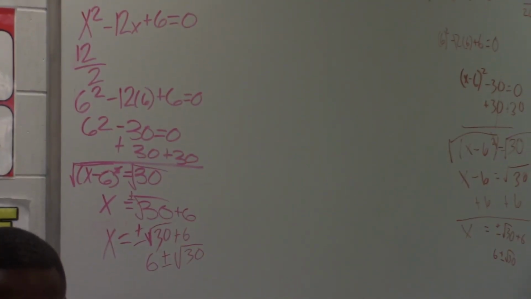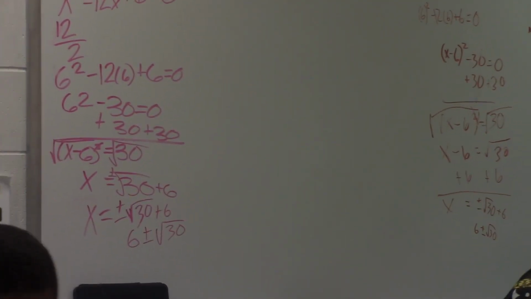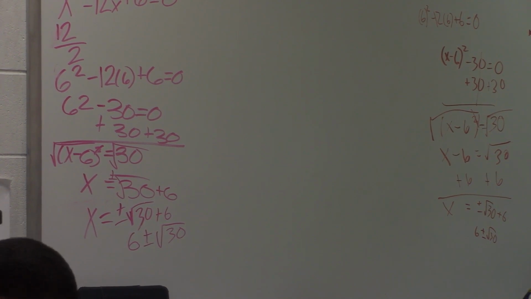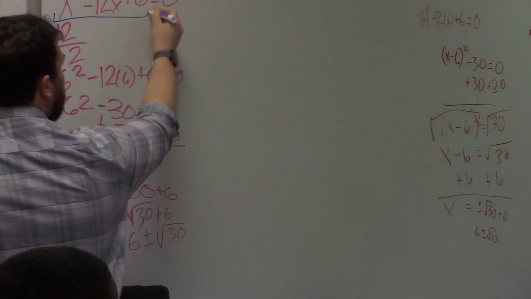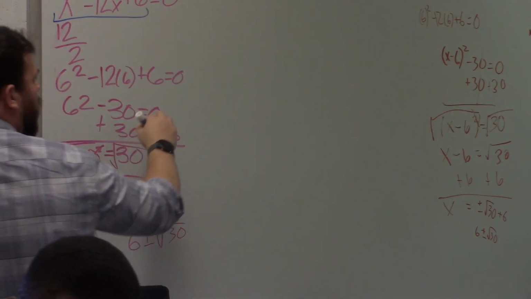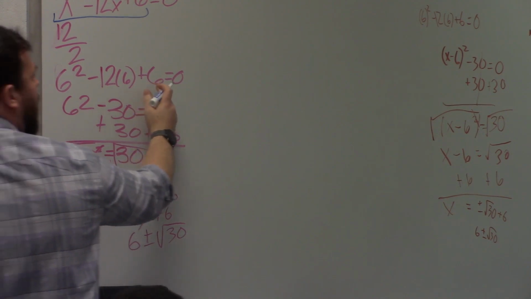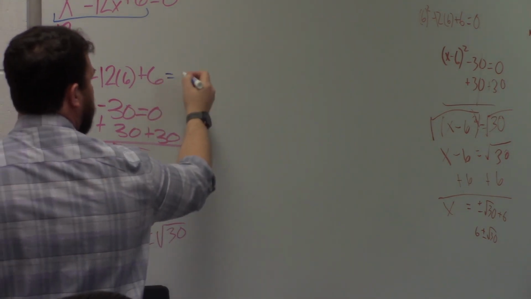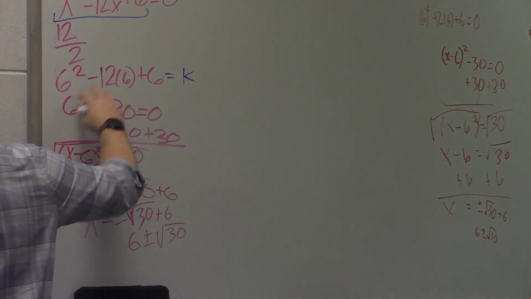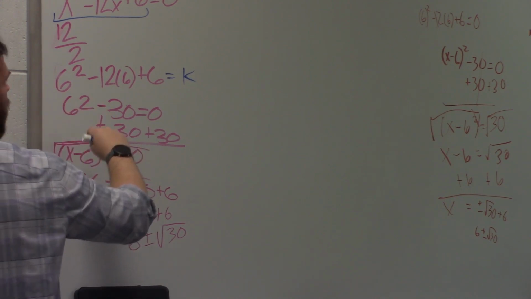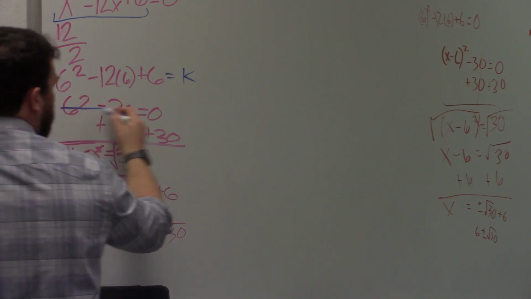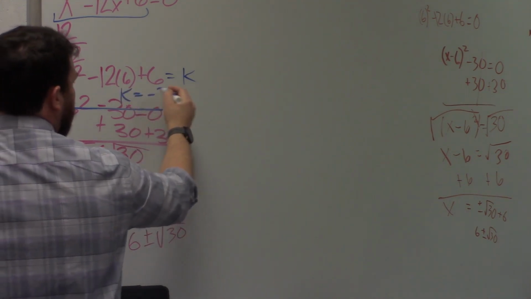Okay. Let's look at this pink one over here. Notice right here, this is our standard form. When I'm trying to find k, it's not equal to 0. It's equal to k, which is what messed us up right here. We didn't need to do all this. What we should have done was k is equal to negative 30.